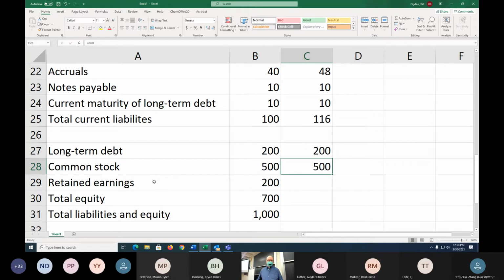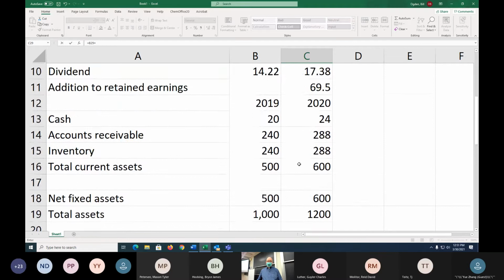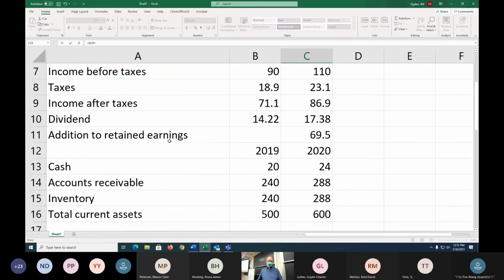Okay, retained earnings. Now we know something happened there, right? Because from the income statement above, we're going to start with 200 plus, and what did we make a special roll for? We identified what part of our income will be retained for investment, and we know that it'll be 69.5.